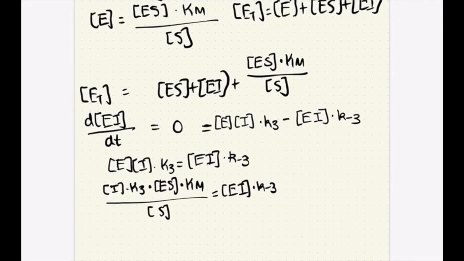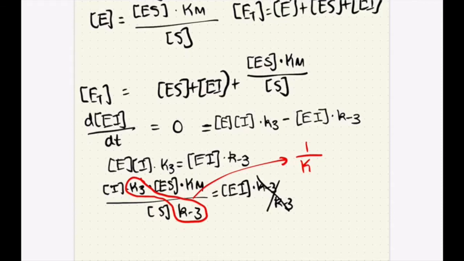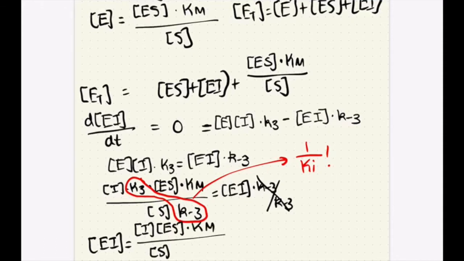So we're going to be dividing both sides of this by the K-3 rate parameter, and we're going to be able to isolate 1 over Ki. So now we have the enzyme inhibitor complex concentration is going to be equal to the inhibitor concentration times the enzyme substrate concentration times the Michaelis constant over the substrate concentration times the inhibitor constant.